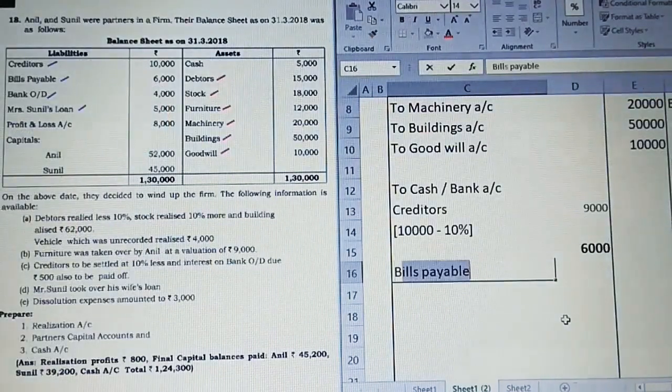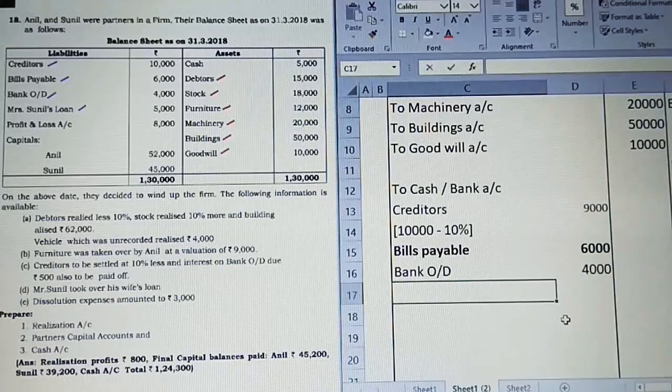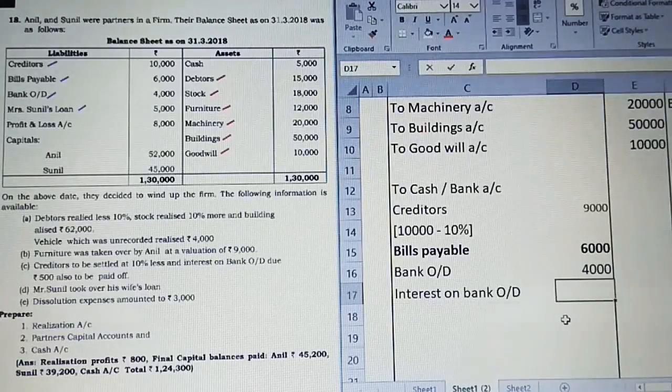Next, bank overdraft. Bank overdraft is 4,000, and then you have interest also. Interest on bank overdraft. So interest on the bank overdraft is 500, even that is going to be paid off.